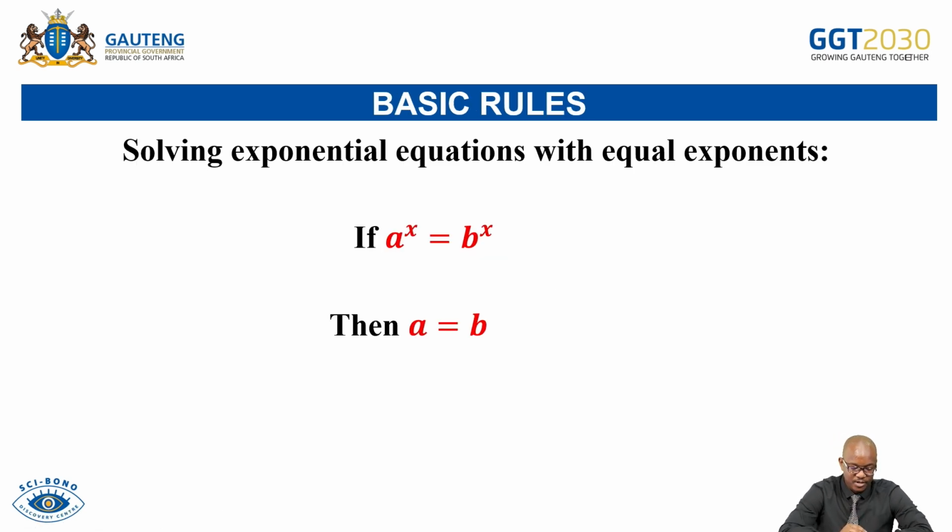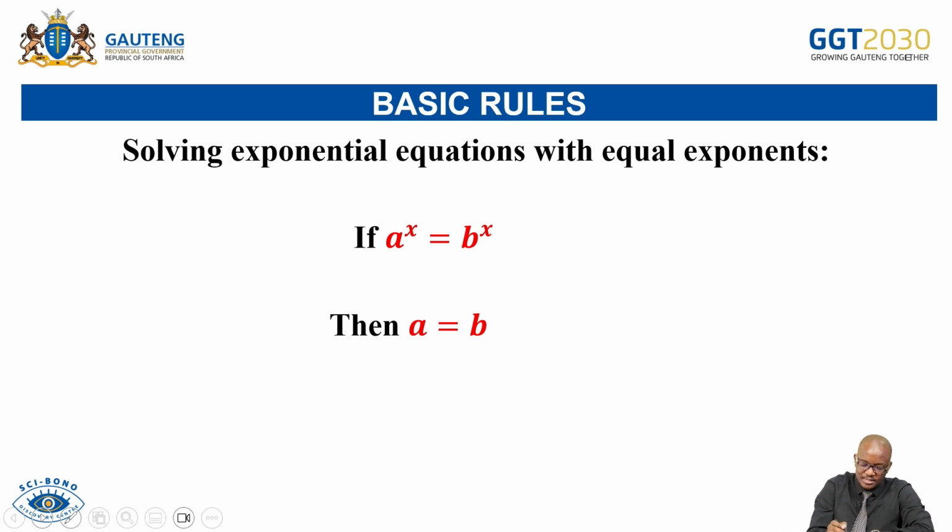So we're looking at the basic rules of how to deal with this. The first one is solving exponential equations with equal exponents, correct? When the exponents are equal, it means we don't know what should be in the base.